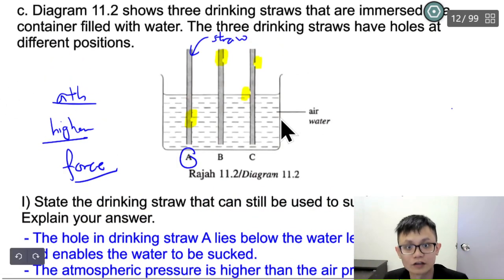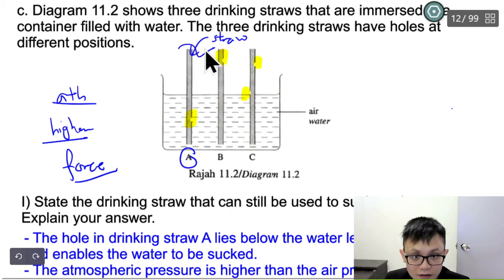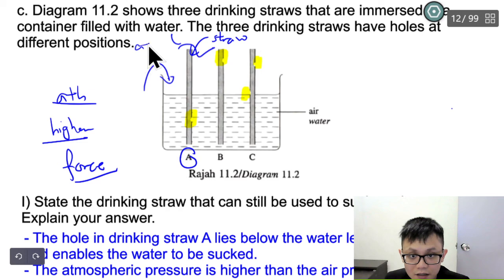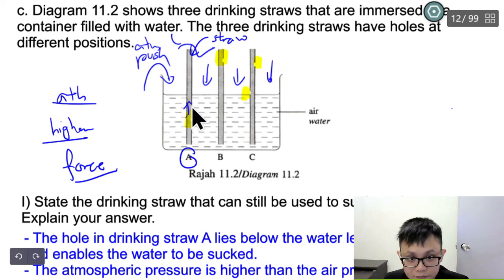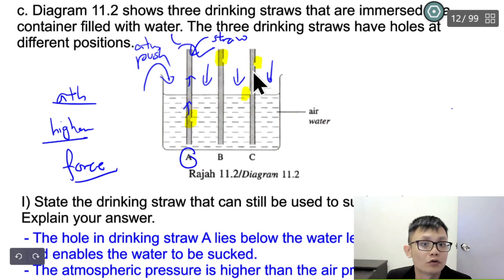It means that when you put your mouth here, this is the mouth, okay? The atmospheric pressure pushes the water at here so that your water can go up. Why does it push? Because here is high atmospheric pressure, here is low.